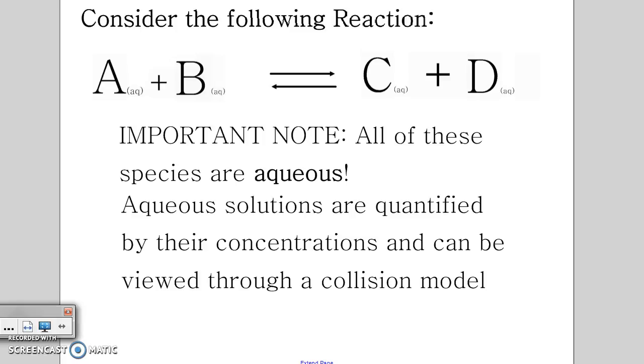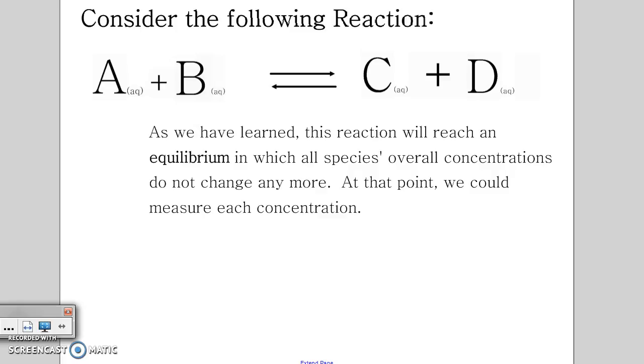The collision model being the model used in that simulation I just linked, where you can watch all of the different atoms and molecules bouncing around and reacting with each other based on their collisions. This is also, by the way, possible to do with gaseous substances, but not solids and liquids.